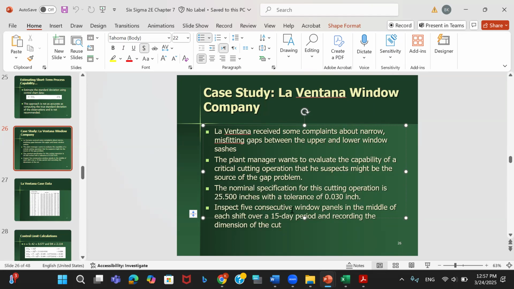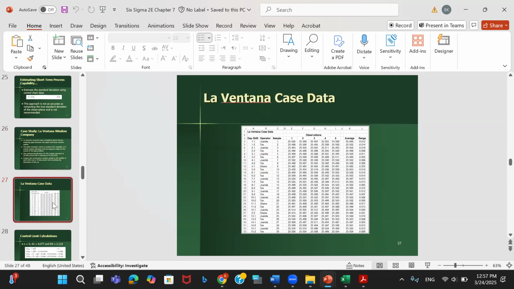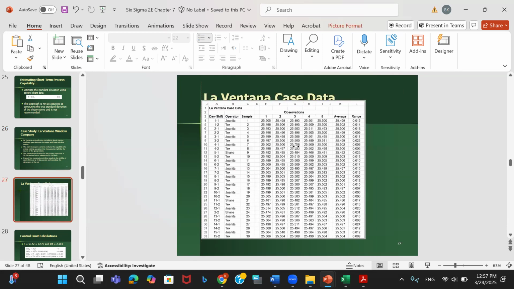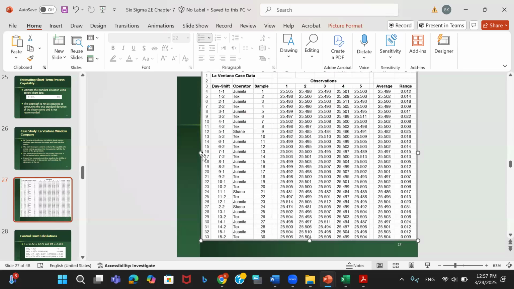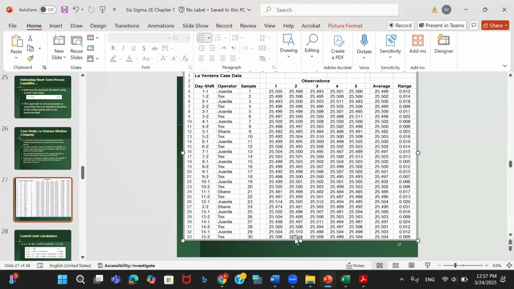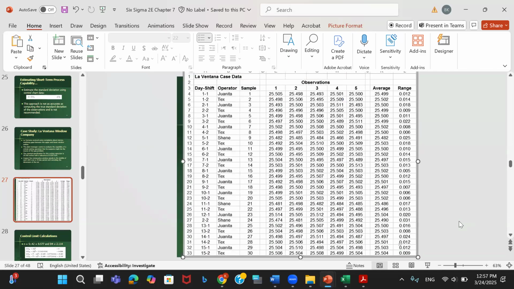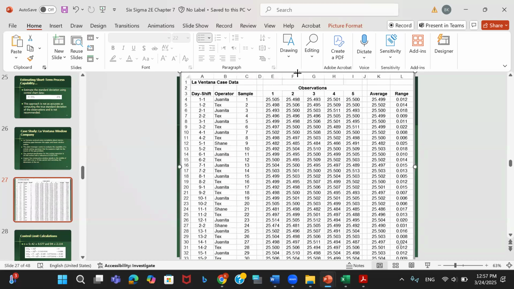They inspected 5 consecutive window panels in the middle of each shift over 15 days. So they collected this data, and they want to know if their process is in control or not.